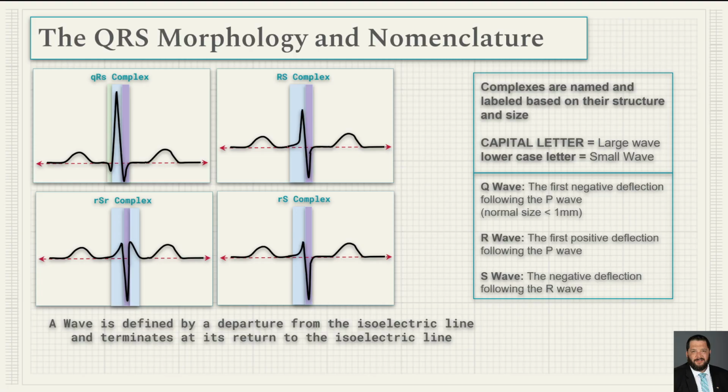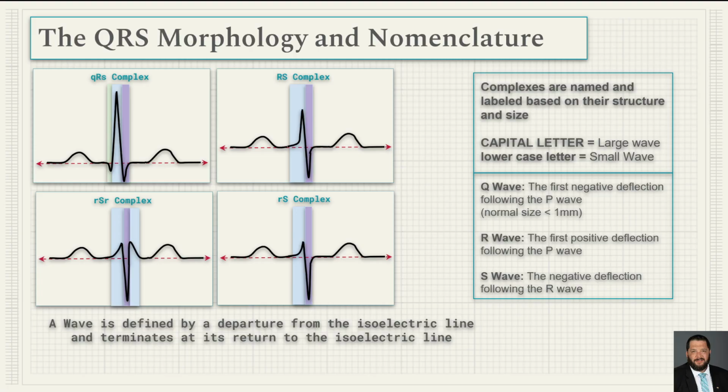The next complex on the top right of your screen is the RS complex. Note the absence of a Q wave. There is no negative deflection following the P wave, but there is a positive deviation following the T wave that starts in the blue shaded area. That is the start of your R wave. The R wave rises up above the isoelectric line, returns back to the isoelectric line, the red dashed line that you see on your screen, and that concludes the R wave.